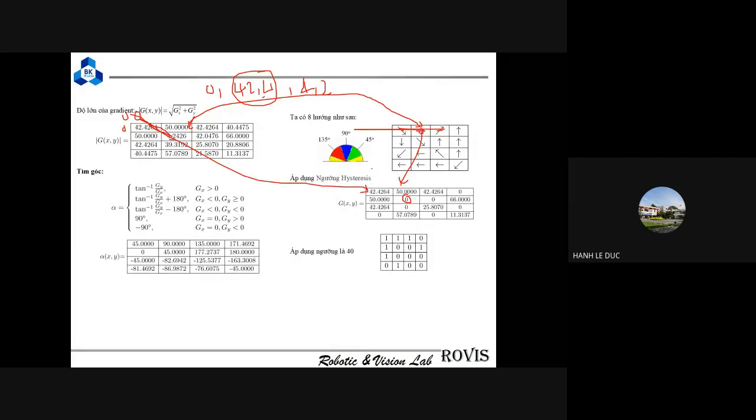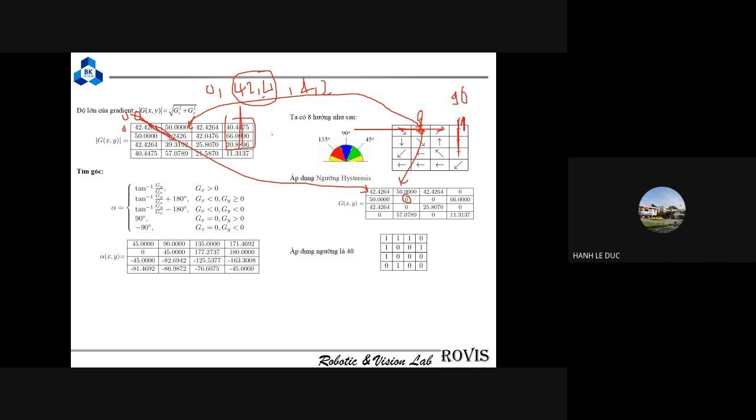Okay, how about this one? This position, what is it? Oh, sorry, this one is 90 degrees, right? From this one, we draw a line at 90 degrees.